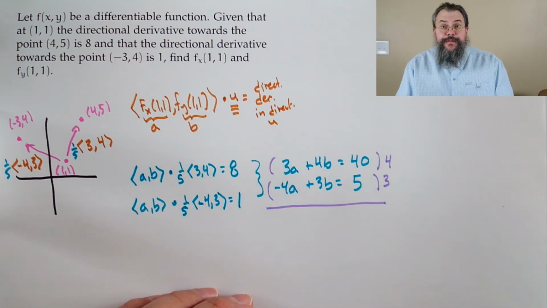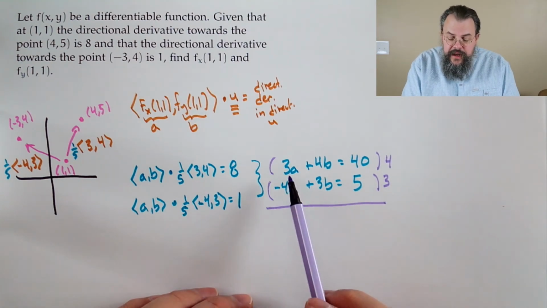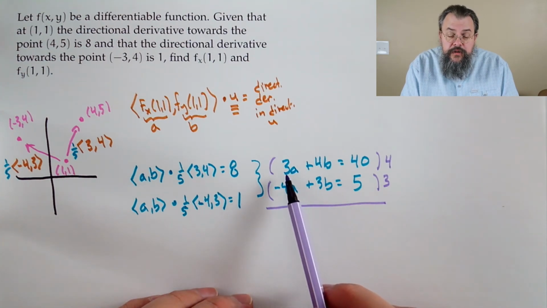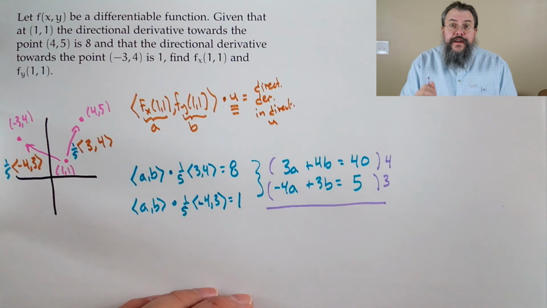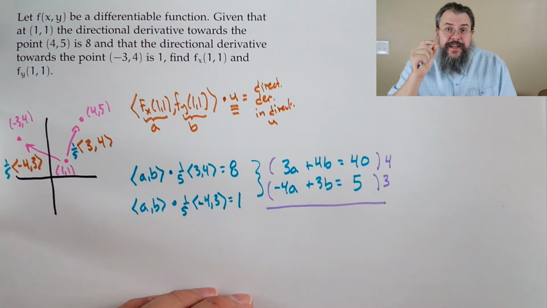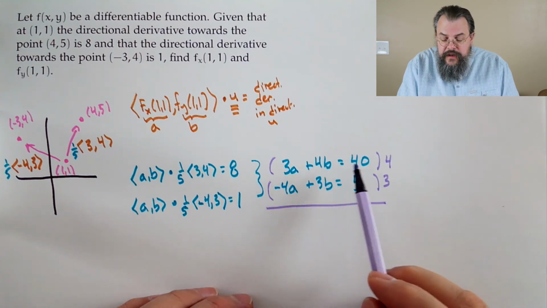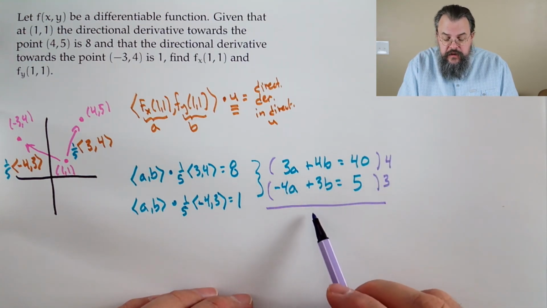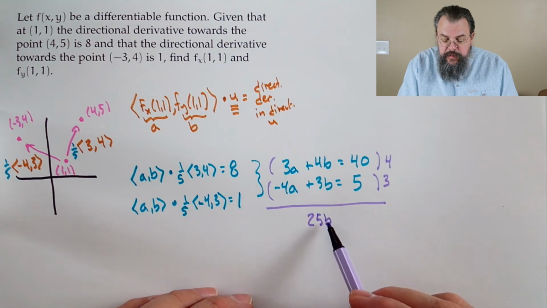These aren't random numbers, 4 and 3. It's so that in the front, we get 12A and minus 12A, just the right thing to get cancellation, which is great. Here we'll get 16B and 9B.